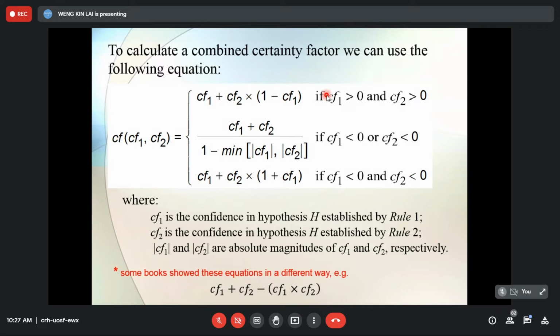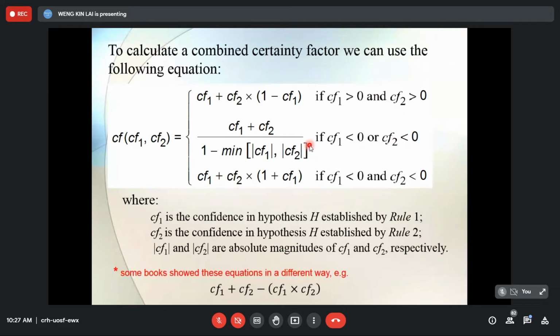That is only if both your CF1 and CF2 are positive values, more than zero. On the other hand, if either your CF1 is less than 0 or your CF2 is less than 0, one of them is negative, right? So you can have negative here. You use this particular formula.